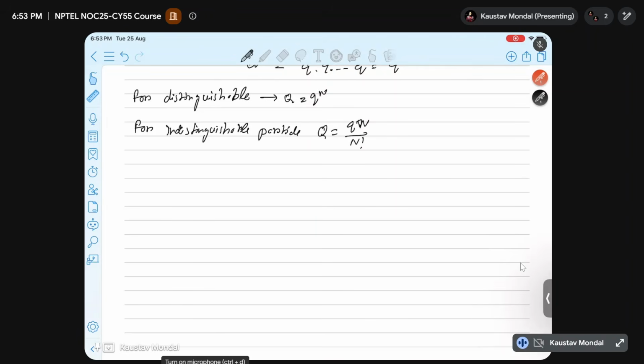So there is an extra n factorial term. The first one is for distinguishable, and the second one is for indistinguishable particles.